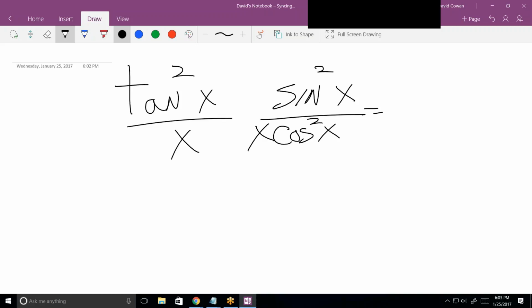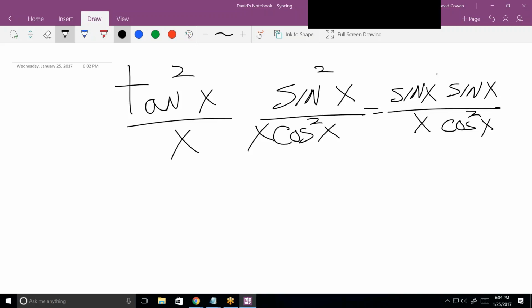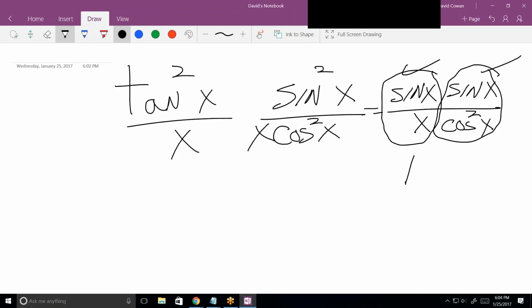Now what? Let's see what happens if I do this. That works because now I know that that's the same as that multiplied by that. What's this one go to? 1. And what's the one on the right go to?